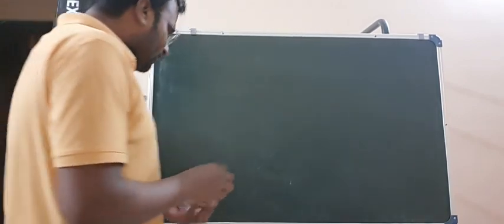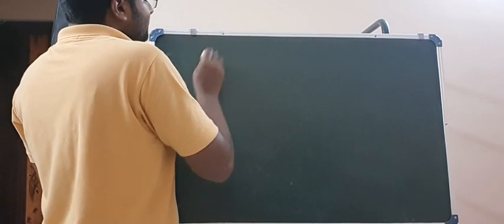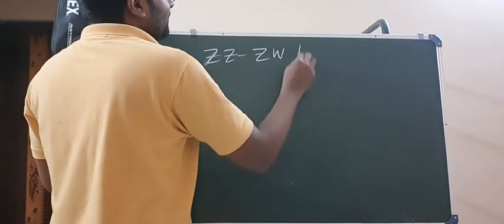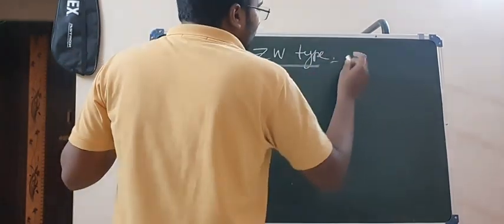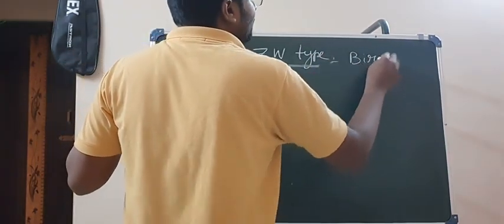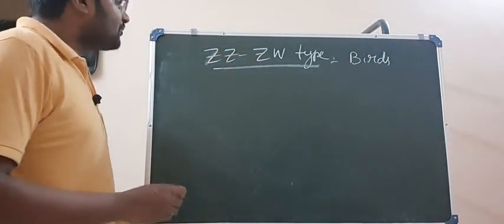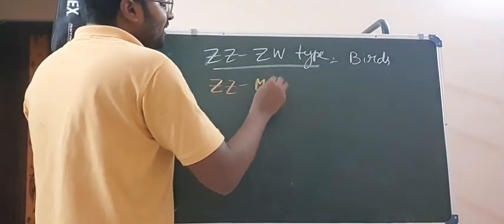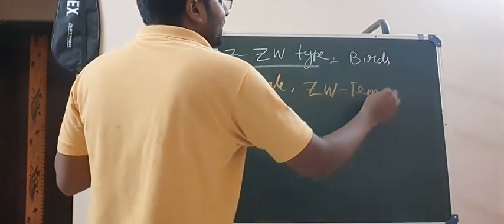Let's go to the second one. Now the second type is ZZ ZW type, which you can find mostly in birds. So ZZ ZW means what? Here ZZ is male and ZW is female.